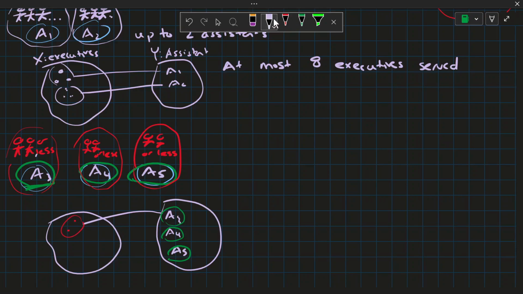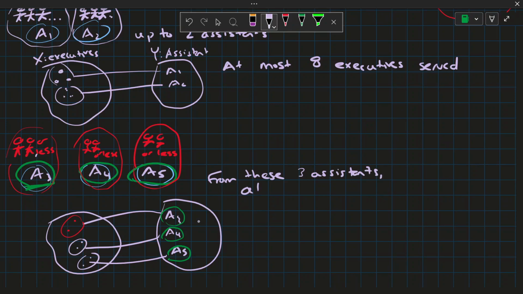Same here, same here. So from these 3 assistants, at most 6 executives are served.